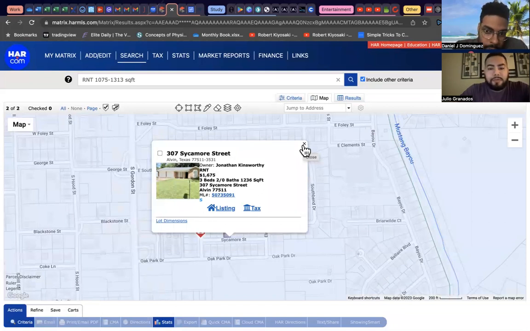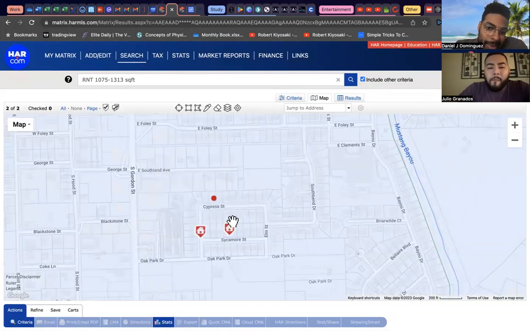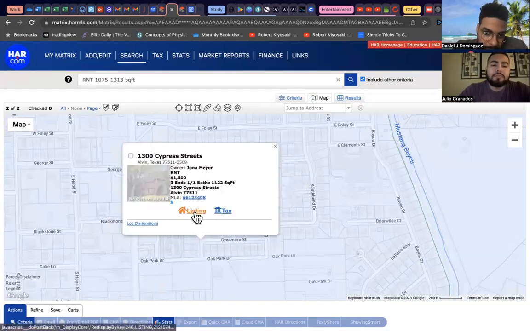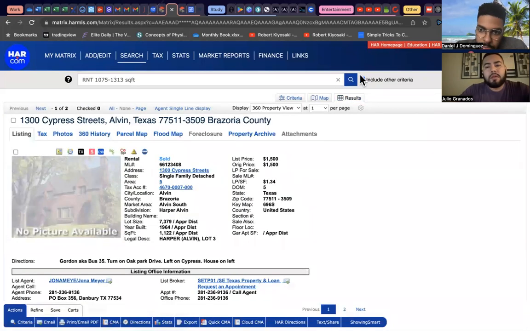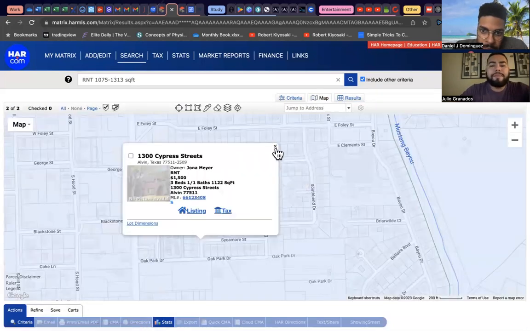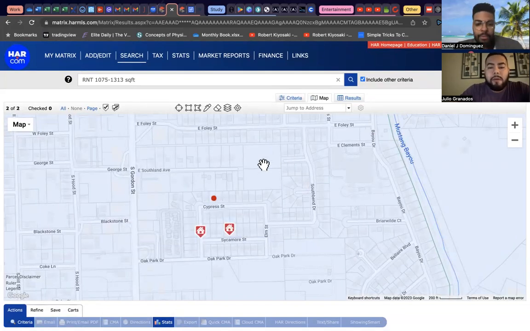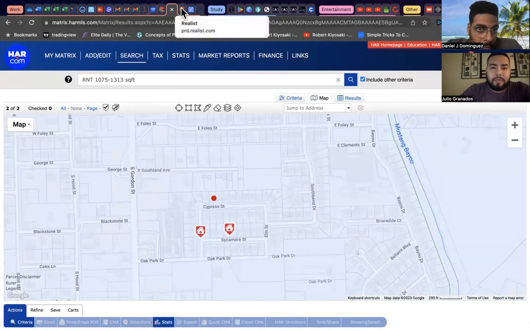So it's about the same size. I'll probably say the property you have would maybe rent for 1,550, 1,500, maybe 1,500. This one's a little bit bigger though, 100 square feet more, but 1,450 to 1,500 is probably what I would say your property would rent for.